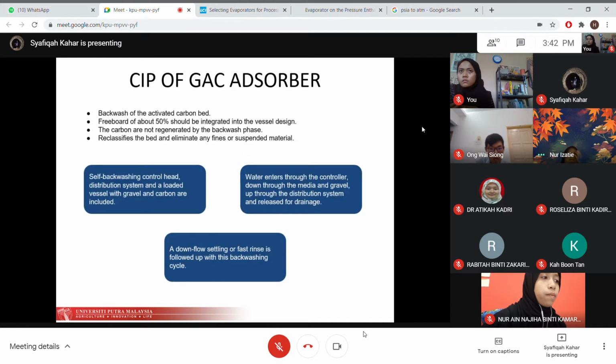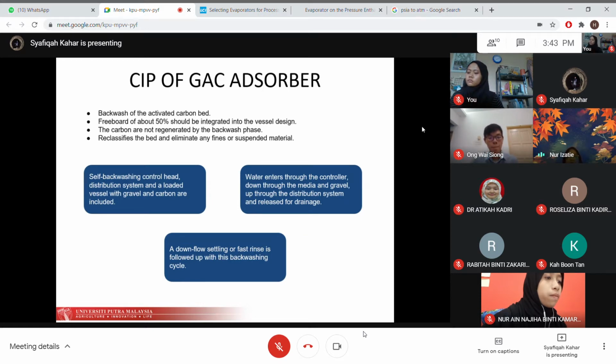Next is the CIP for the GAC adsorber. A CIP operation for GAC adsorption is backwash of the activated carbon bed. Periodically, the activated carbon bed needs to be backwashed. To allow backwash in place, a freeboard of about 50% should be integrated into the vessel design. The carbon or the adsorbed pollutants are not regenerated by the backwash phase.